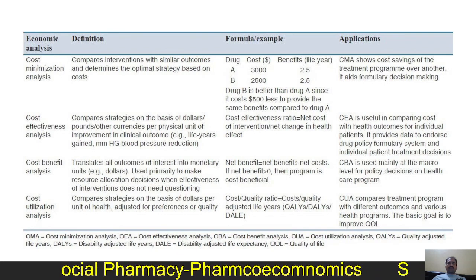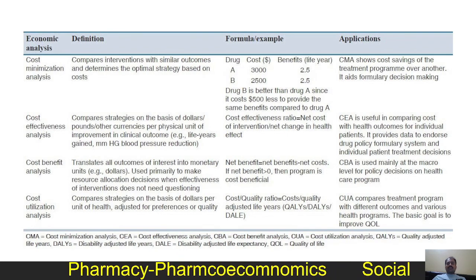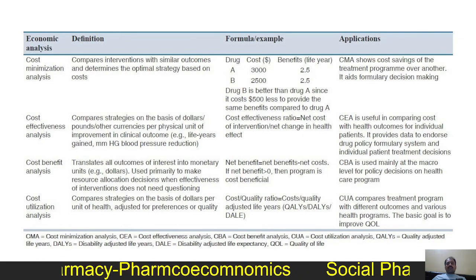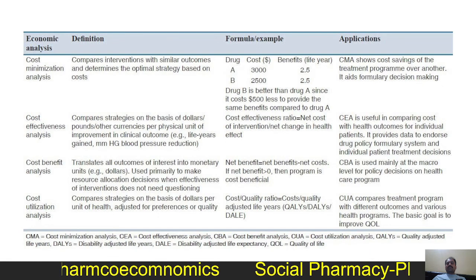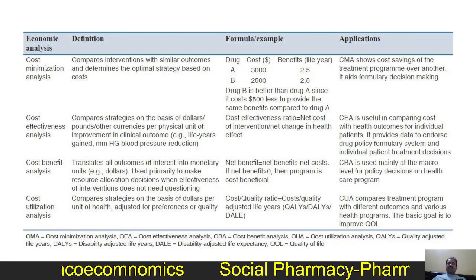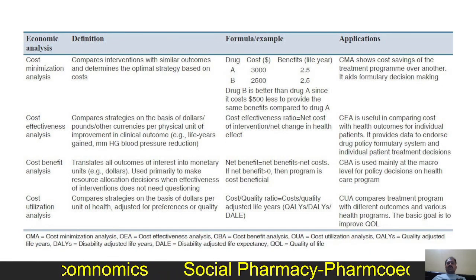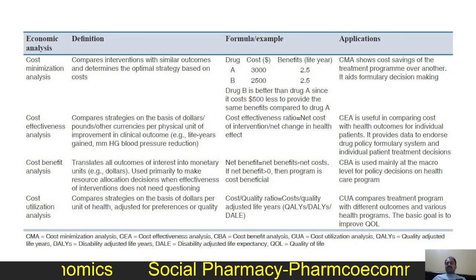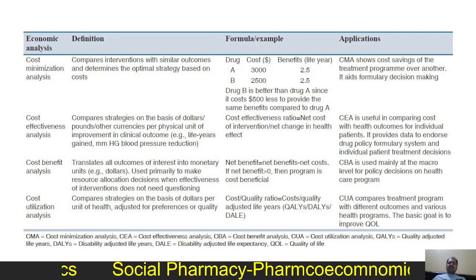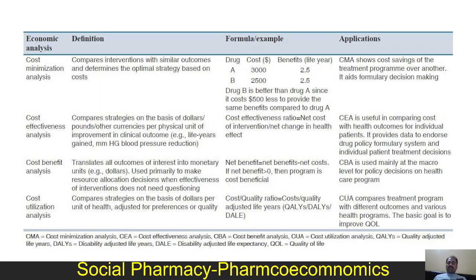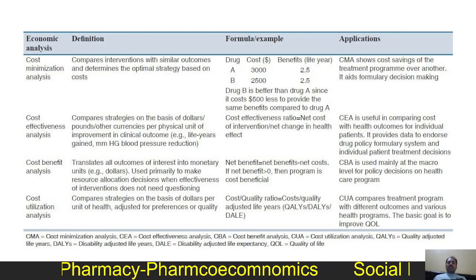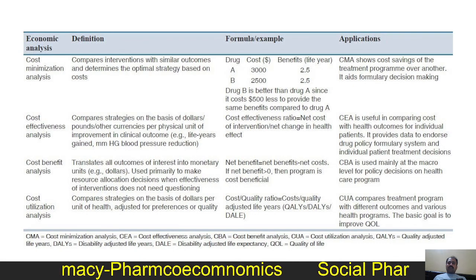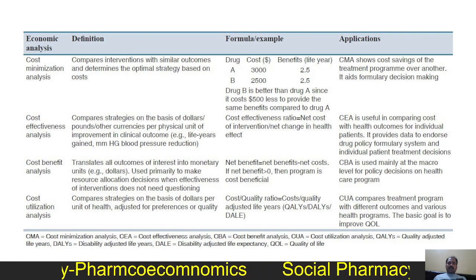So the cost utility ratio is equal to cost divided by quality adjusted life years. This kind of analysis is useful for comparing treatment programs with different outcomes and various health programs. The basic goal is to improve the quality of life of the particular patient.